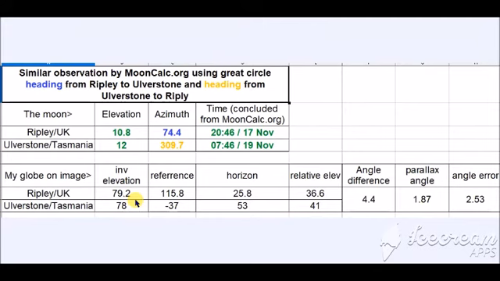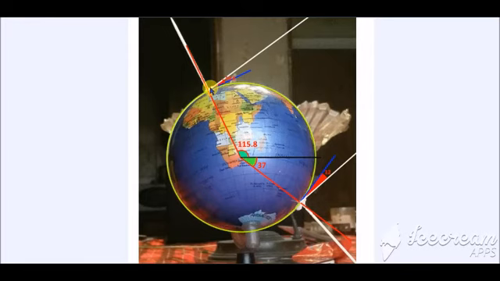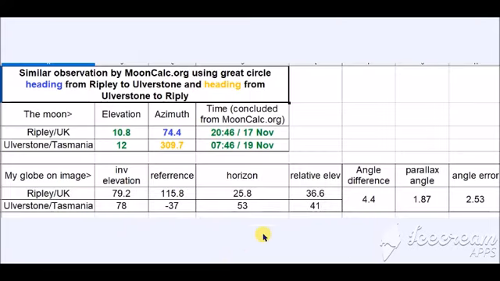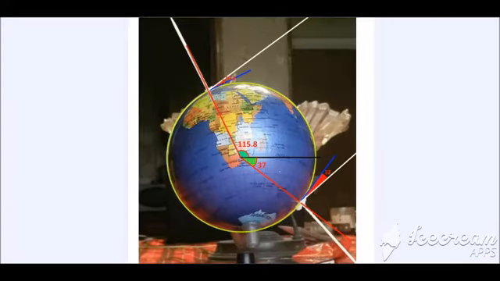So this was 97, this is 78. The reference is 115.8, and for Tasmania it was 37. These are the angles of the horizon. This angle is from the east of this image. And the relative elevation, that's the actual angle for each line of the moon.